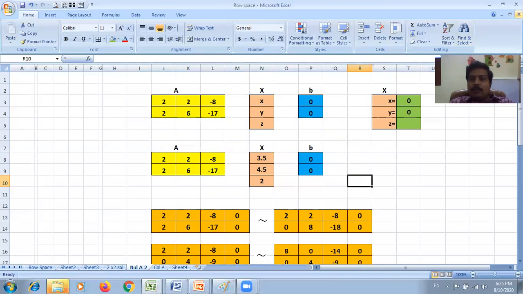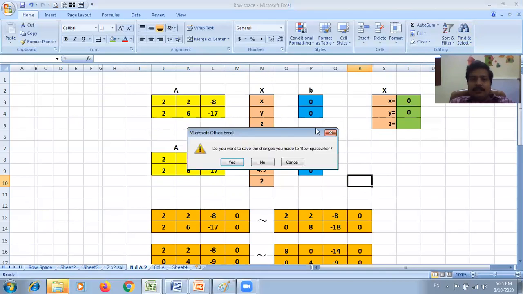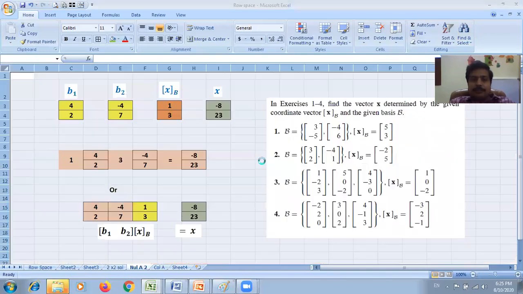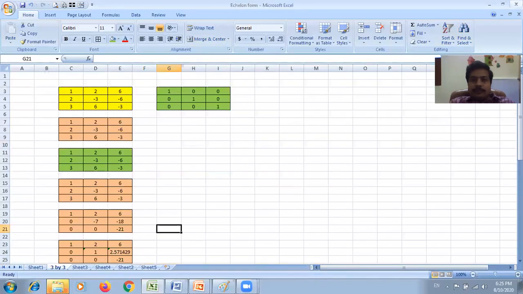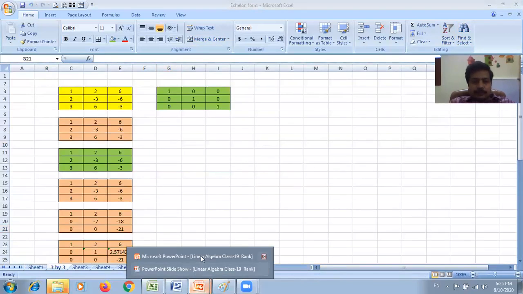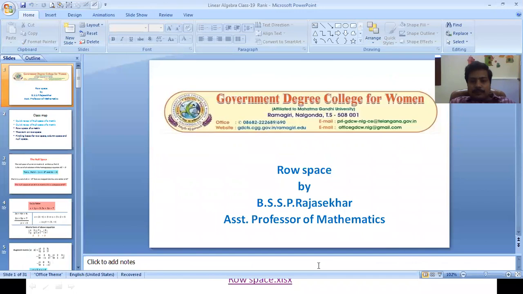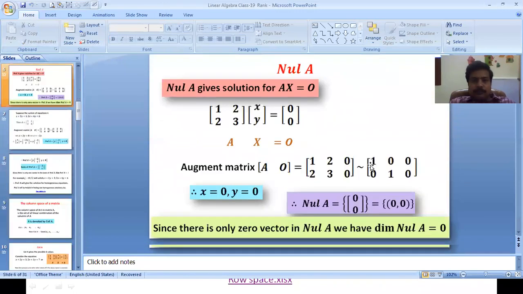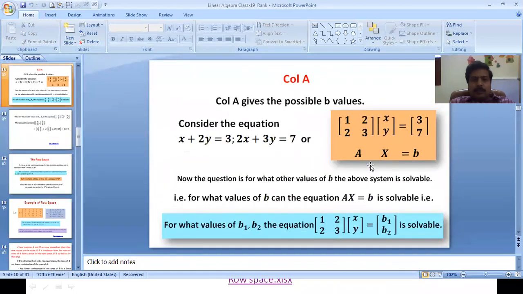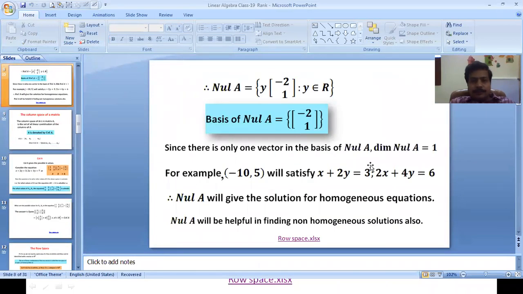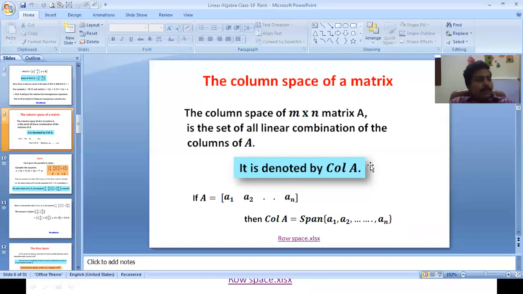Let us go back to our PPT. We are here. Now, column space of a matrix.